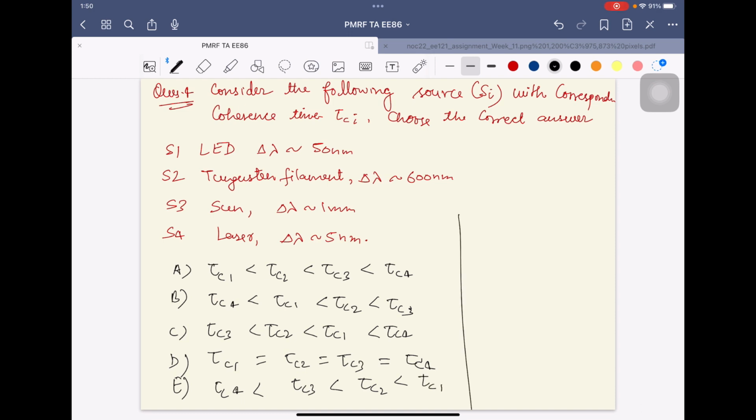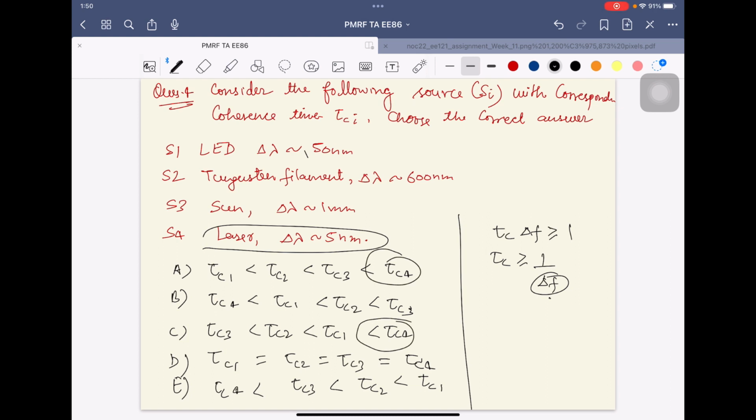So as I earlier told you, this tau c delta f should be greater than 1. So this tau c is somewhat greater than 1 by delta f. Okay, so whatever delta f is less, tau c will be higher. So for the laser will be the highest tau c. So this tau c4 is highest in these two.